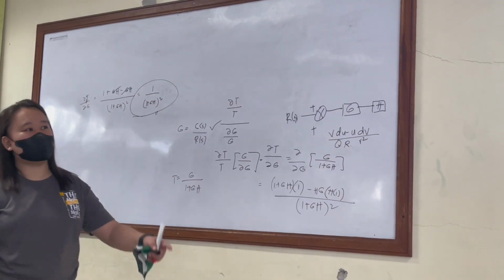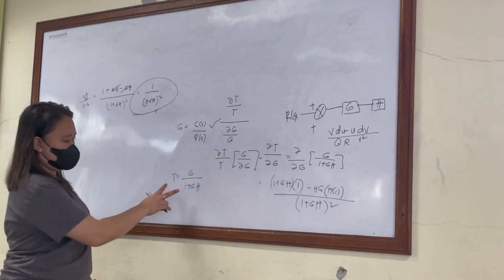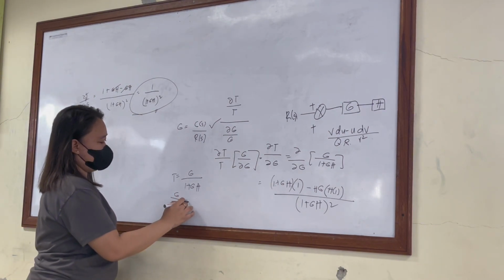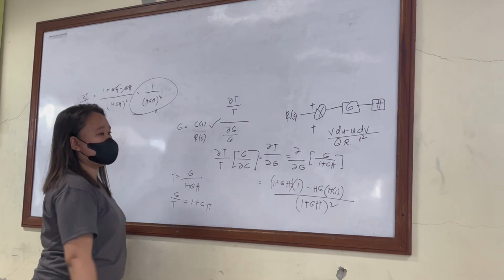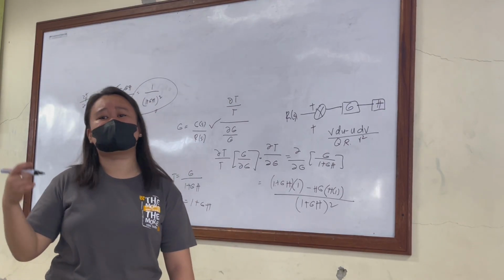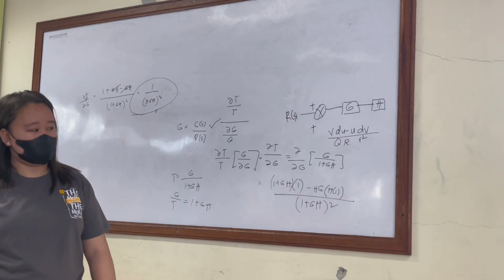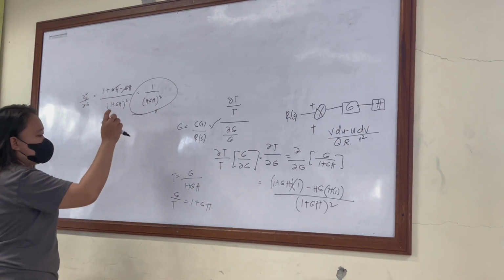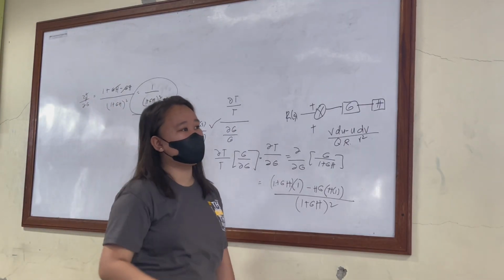Kaya taon man nato daw si G over T. Pwede rin may switch. G over T is 1 plus GH. Or basically the denominator of that specific control system. So since this is a negative feedback, you are using 1 plus GH for G over T.